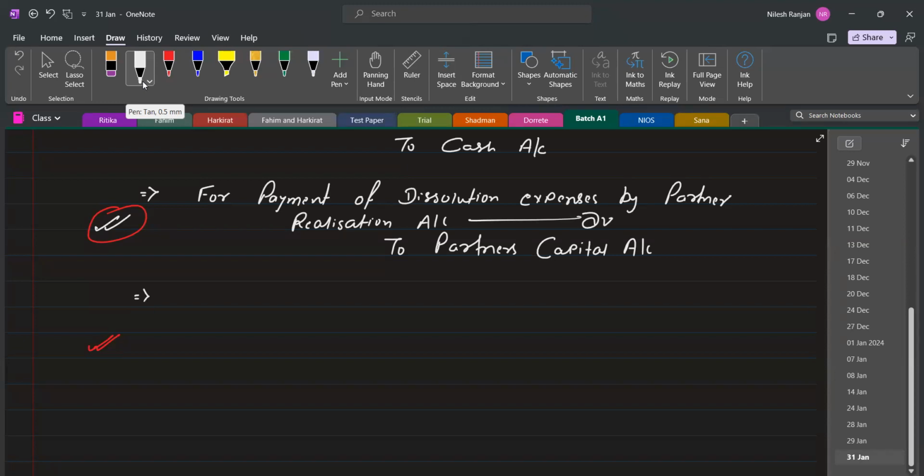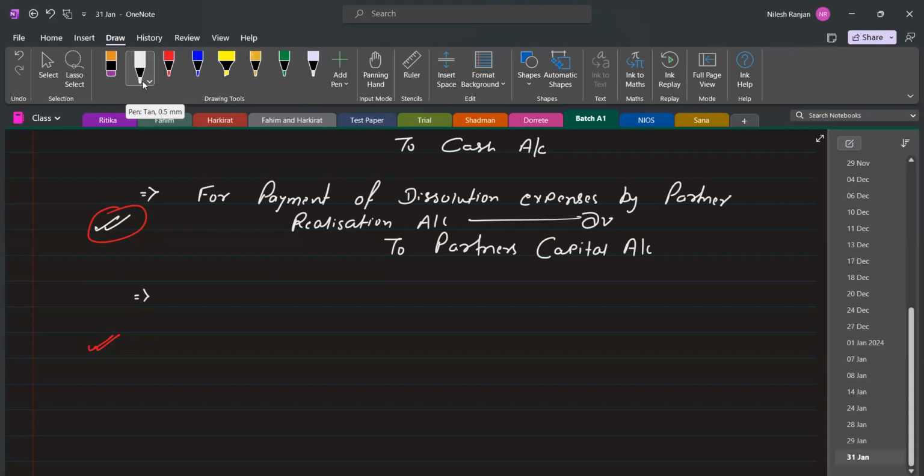Okay. But maybe there will be something that the firm has to give in return, like any remuneration the firm has to pay. Yes, sir. Any remuneration or salary the firm has to pay to that partner for performing the activities.